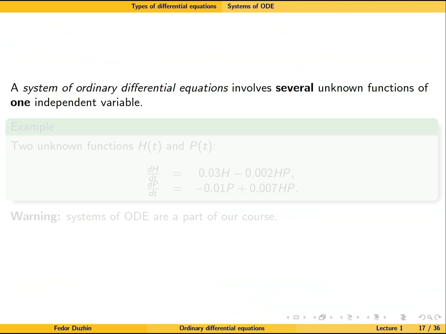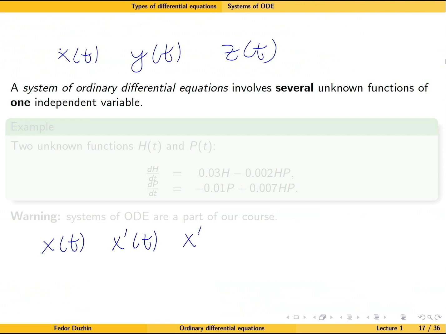And again, if they are ordinary differential equations, say we have x of t, maybe y of t, and z of t, three unknown functions, then the right-hand side is going to involve x of t, x prime of t, x double prime of t, and so on, y of t, y prime of t, y double prime of t, and so on.